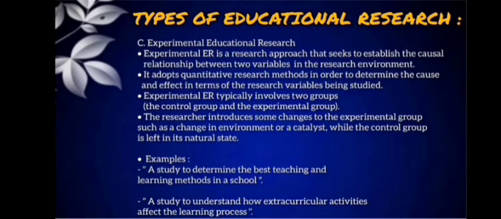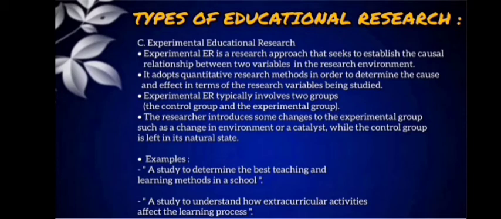C. Experimental educational research. Experimental educational research is a research approach that seeks to establish the causal relationship between two variables in the research environment. It adopts quantitative research methods in order to determine the cause and effect in terms of the research variables being studied. Experimental educational research typically involves two groups, the control group and the experimental group.